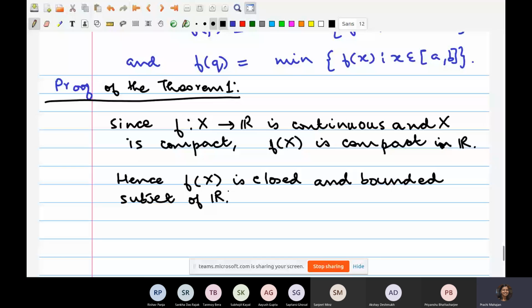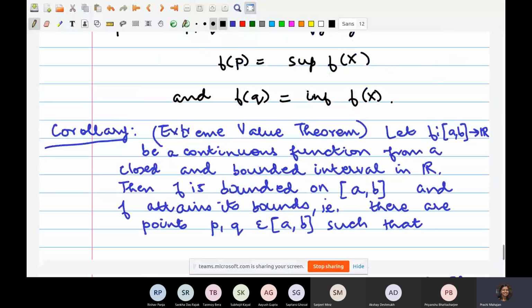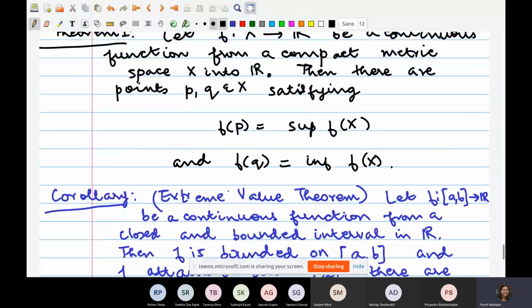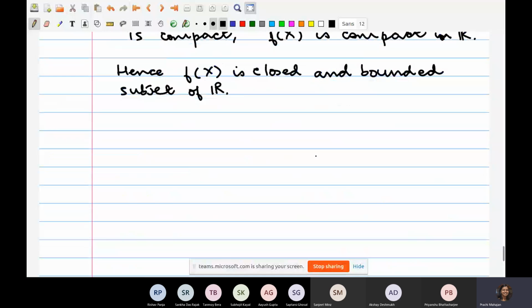Now you look at what it is that we are trying to do. We have to find points p and q so that the supremum and infimum are realized. But wait a minute, even before that, one should ask why the supremum and infimum exist. This is just on the side.